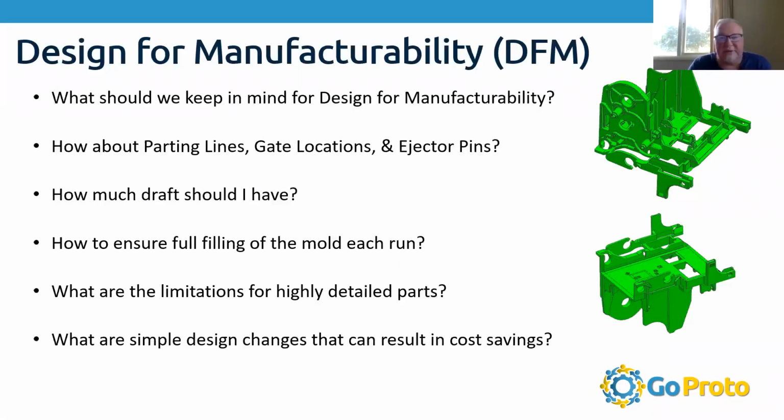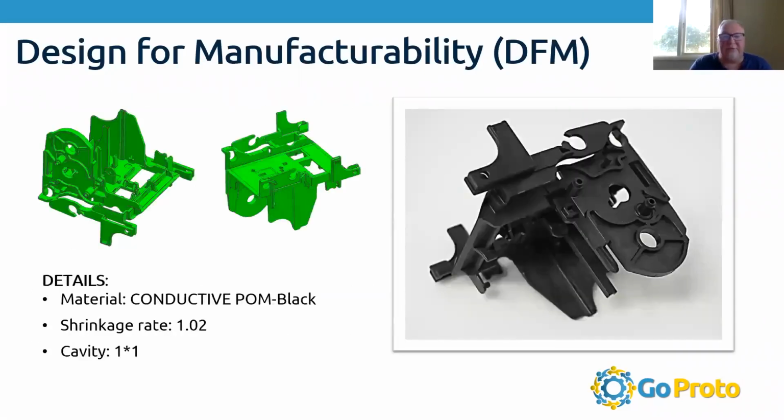Go ahead, let's get started, Kristen. So the DFM is going to start off with a page. It's going to have a picture of the part. It's going to have the other details. It's going to list the material, the shrink rate, the cavitation, the date. It's just a formal page for the document, and that's really all that entails.